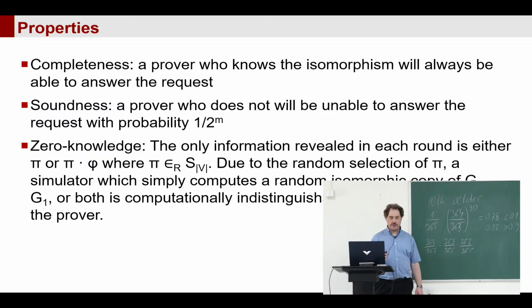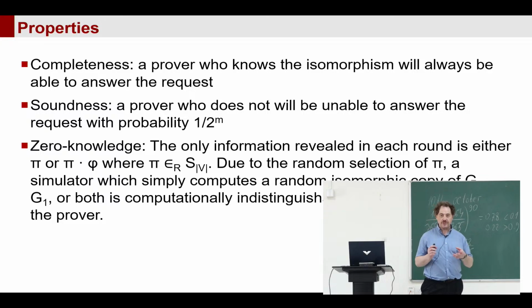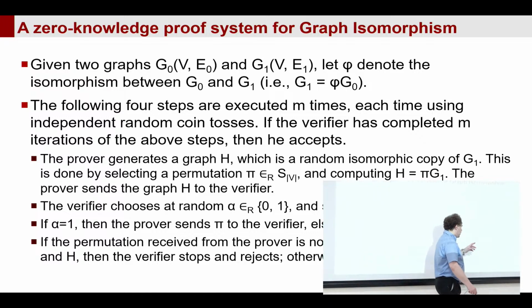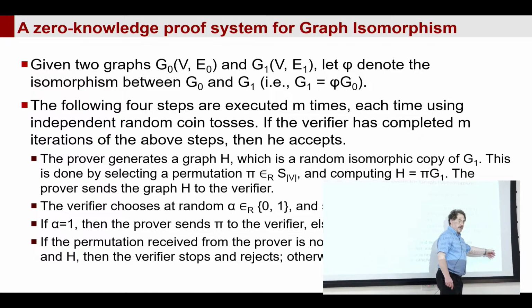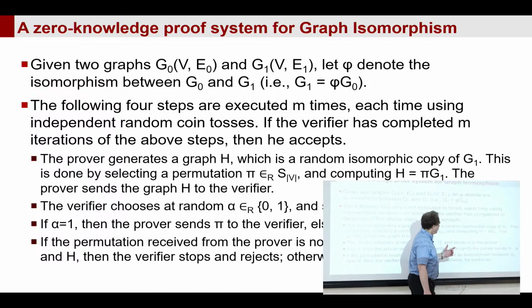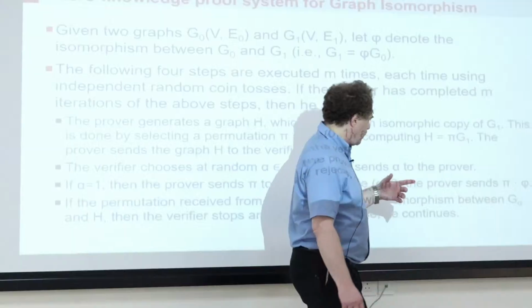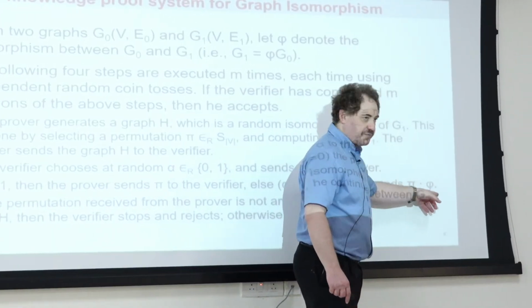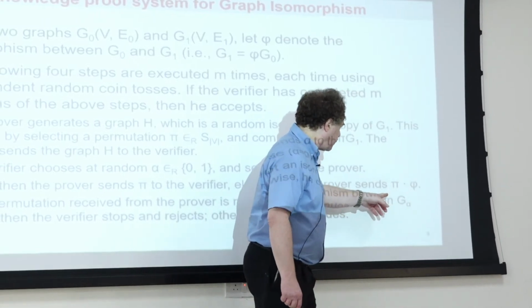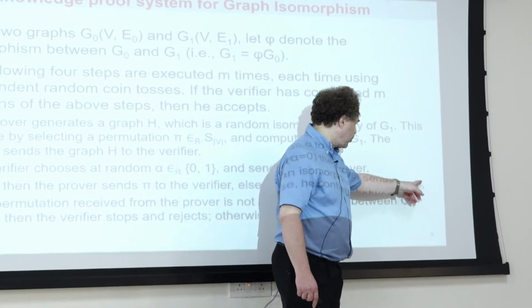Zero knowledge: it's also interesting to see that the whole scheme does not disclose phi. It only discloses pi times phi, and the verifier doesn't get pi. So from pi times phi, because we don't know pi, it's not possible to restore phi.